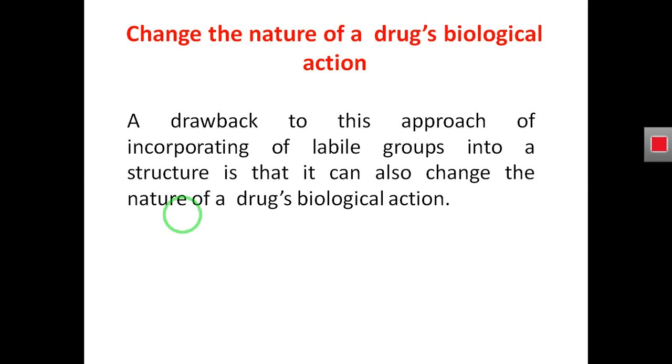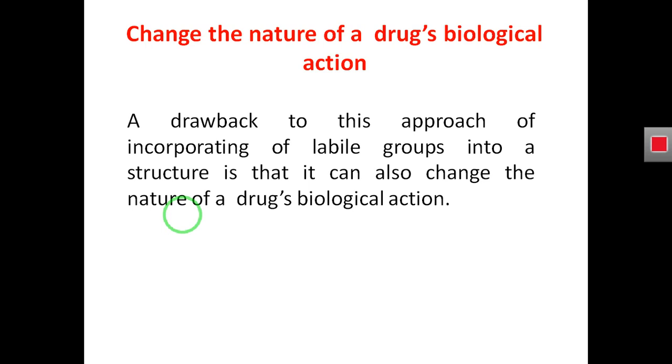But what is the functional group that we added doing? The functional group is changing the biological activity of the drug. For example, it is making the anti-cancer drug into an anti-arrhythmic drug.